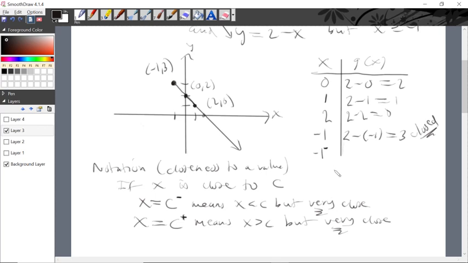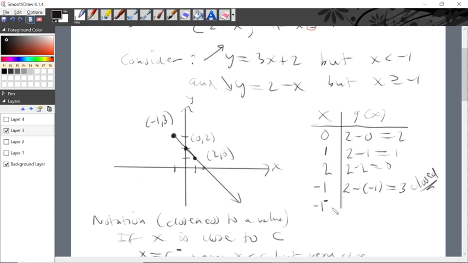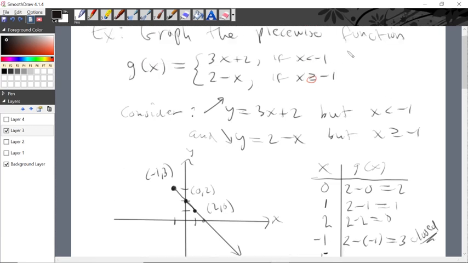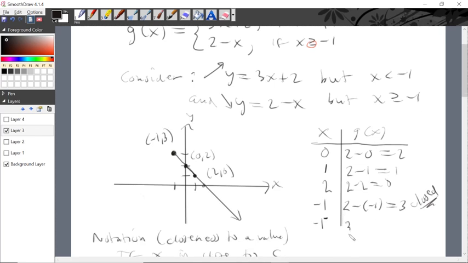So this allows me to investigate what's going to happen if x is about -1, but technically is actually a little bit less than -1, and that allows us to investigate what's happening very, very close to -1. As we're very, very close to -1, we would be in this branch: 3 times -1 plus 2.